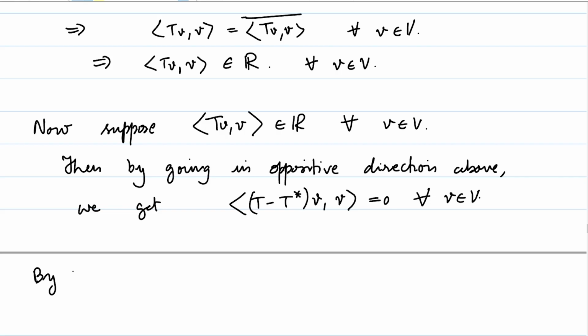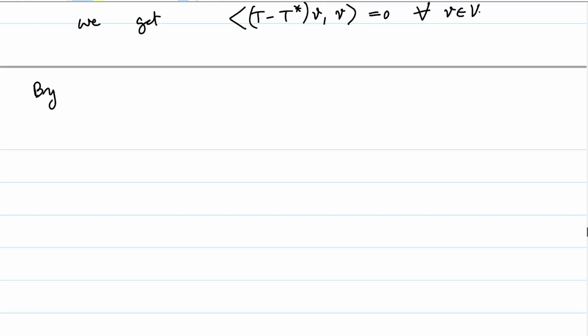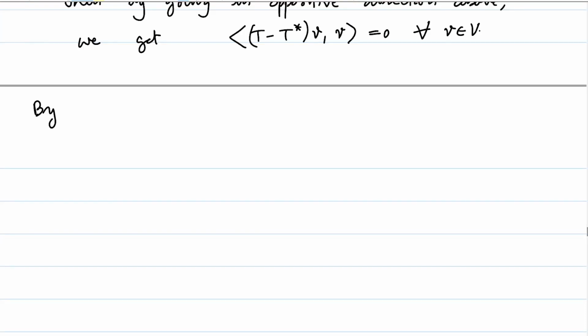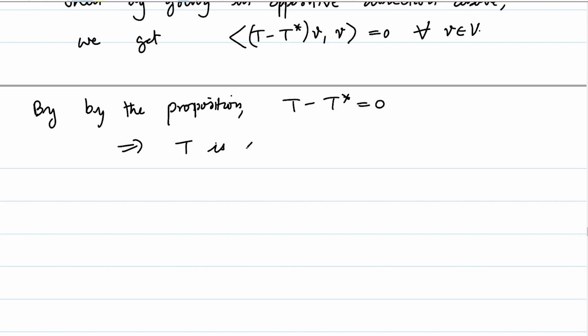By the previous proposition, if any linear operator satisfies the condition that TV comma V is equal to 0, then the linear operator should be 0. In this case our T is just replaced by T minus T star, so T minus T star is equal to 0, which implies that T is self-adjoint.